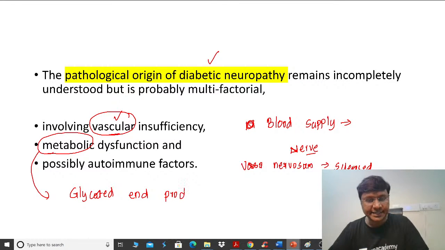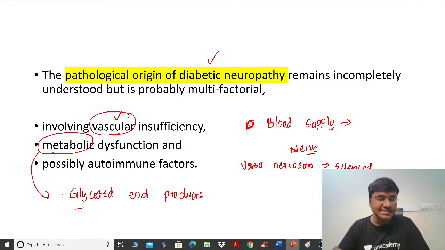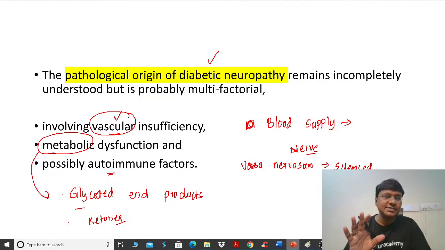These are the glycated end products, as well as the ketones. These are the metabolic complications you will see in diabetes mellitus, and they are also responsible for diabetic neuropathy, and possibly autoimmune factors. So these are the reasons why diabetic neuropathy develops in patients with diabetes mellitus.